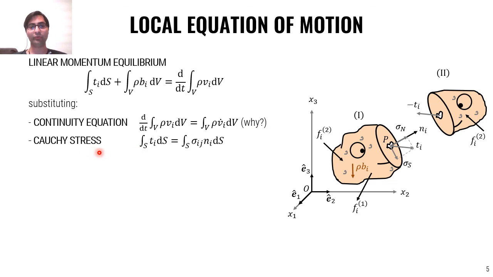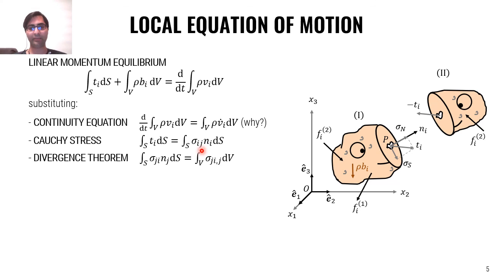From Cauchy stress formula for integral of T ds over S, we get sigma ji nj ds integrated over S. And from divergence theorem for sigma ji nj ds over S, we get the volume integral of divergence of sigma.